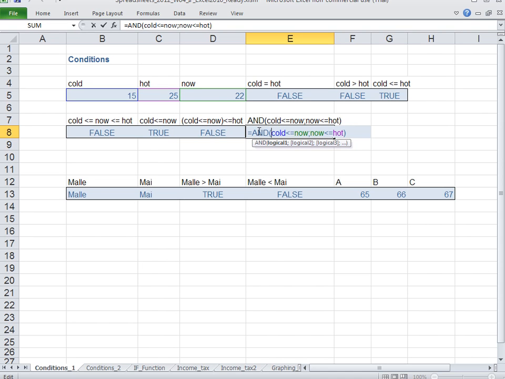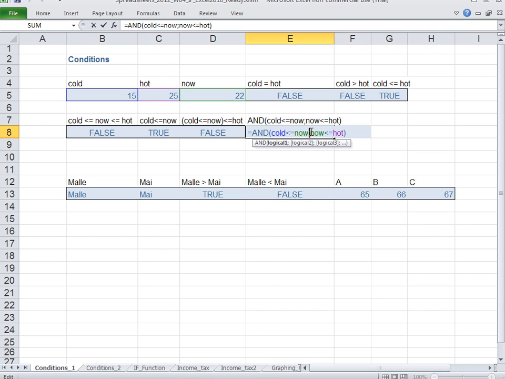And when we start looking at this AND, it turns out AND is a function. It's a function as every other. It begins with parentheses, and it's a function that only gives us truths and falses. So this is the special nature of it. And when we do a comparison, cold is smaller than or equals to now, then we write a semicolon.